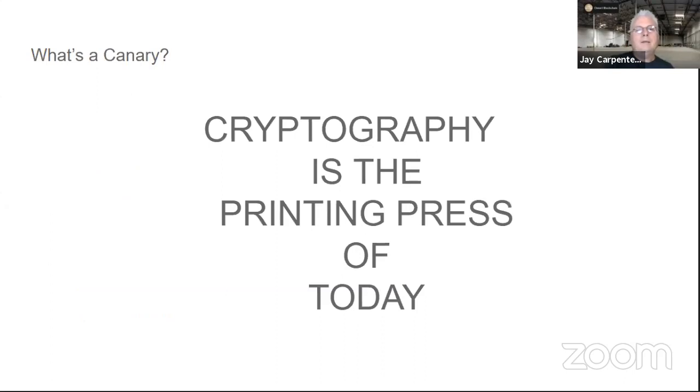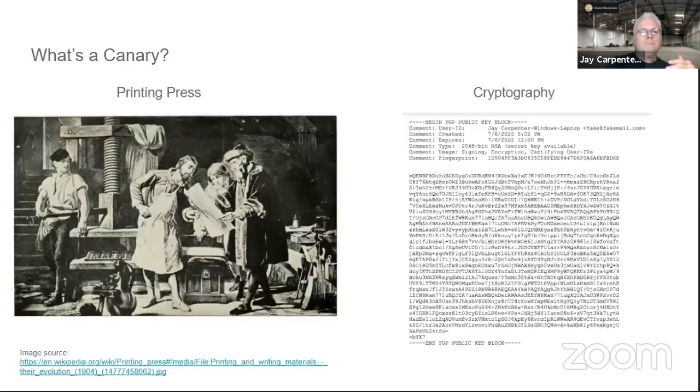And then I'd like to throw this out, and this is just kind of my assertion, but I consider cryptography to be the printing press of today. So much like the printing press was revolutionary when it was introduced because it could open up a form of decentralized communication on a limited basis, cryptography also opens up and has some of those same dynamics.